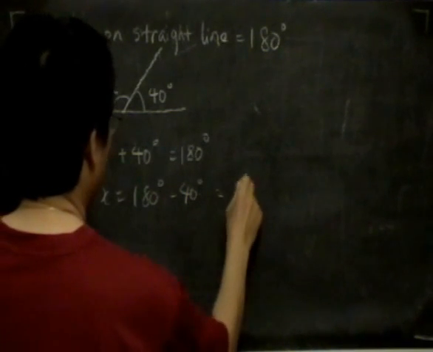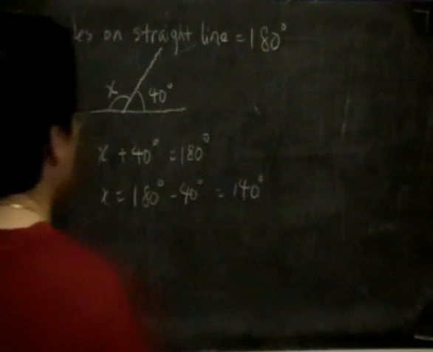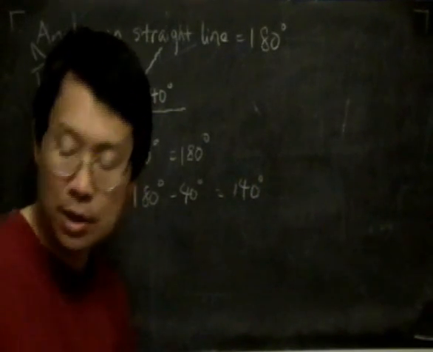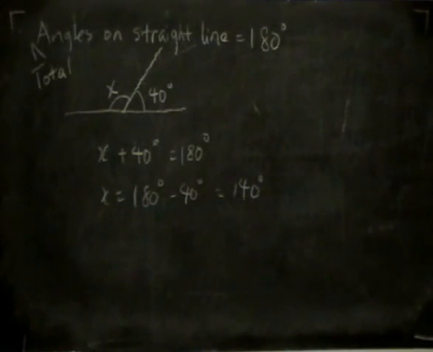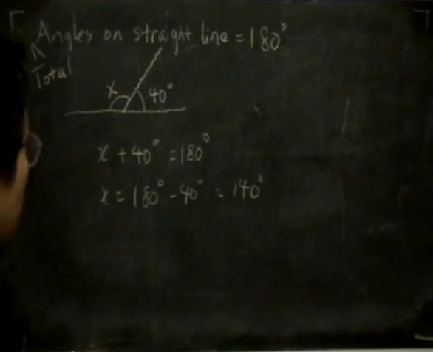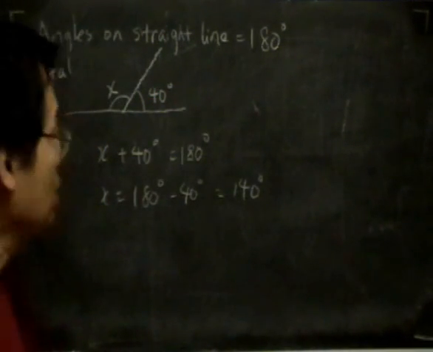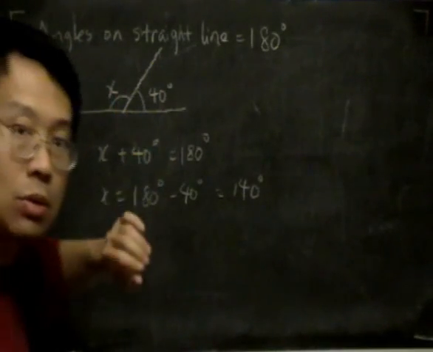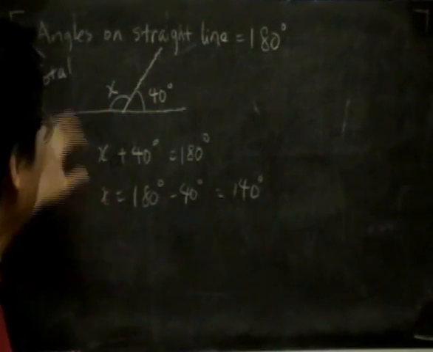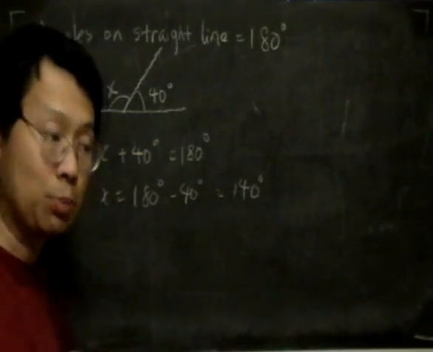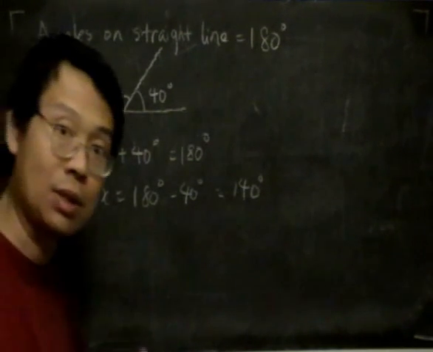And the answer is 140 degrees. So this is one example. Alright, so this kind of result that tells us the relation between two or more angles is called a property. So this is a property of angles that we are learning.